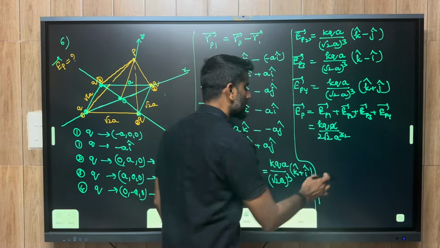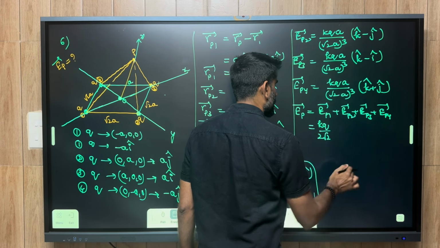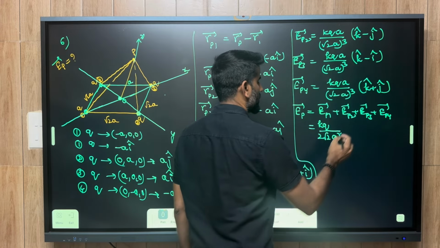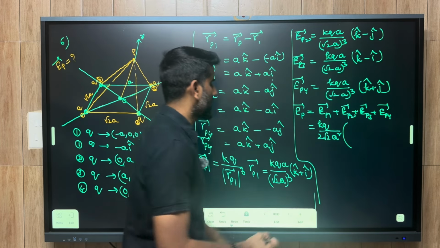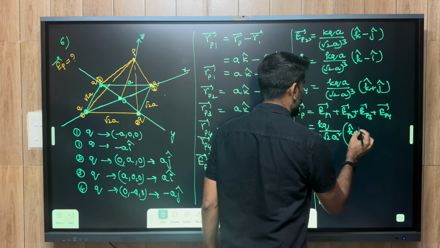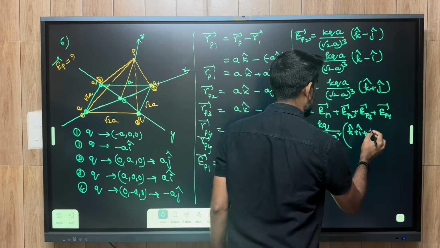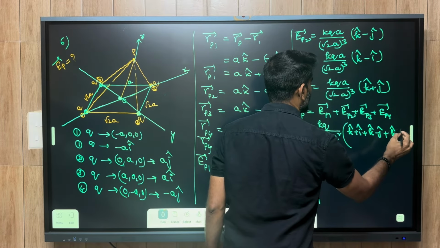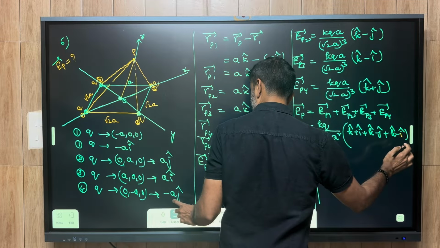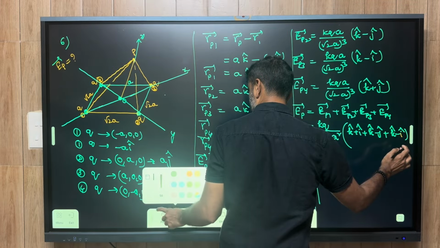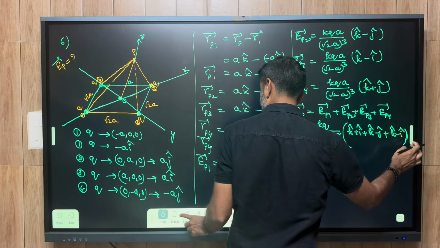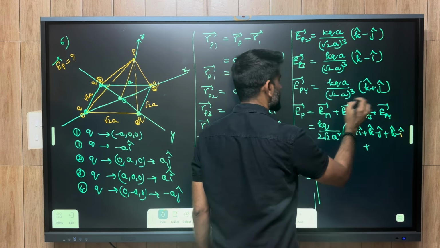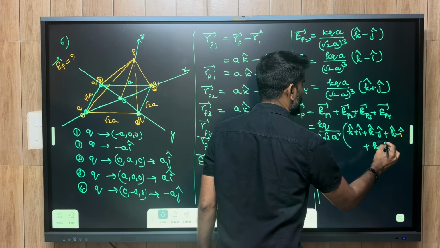So I am directly writing a square in the denominator, and here I have k plus i cap, plus k minus j cap, plus k minus i cap, and the last term, which is k plus j cap.